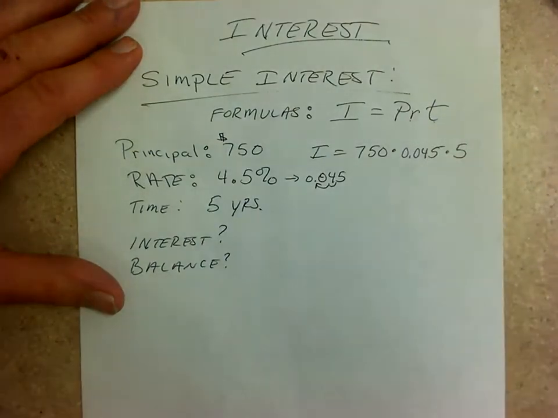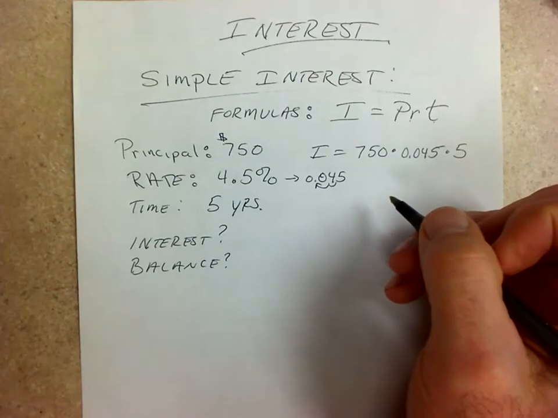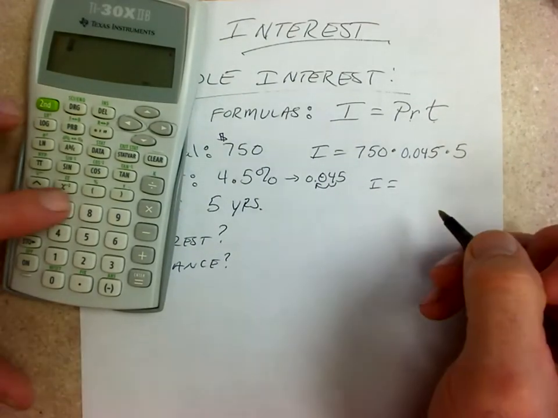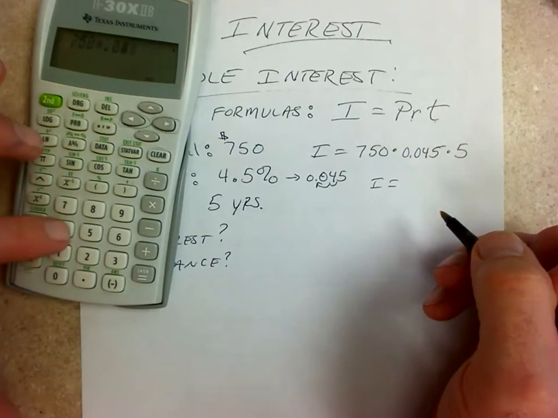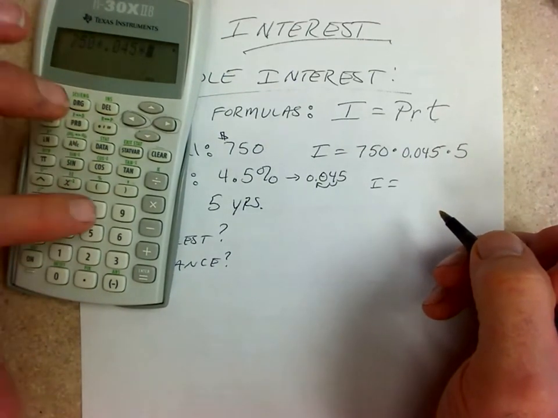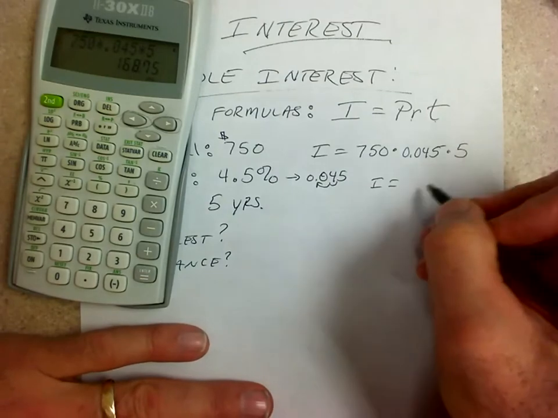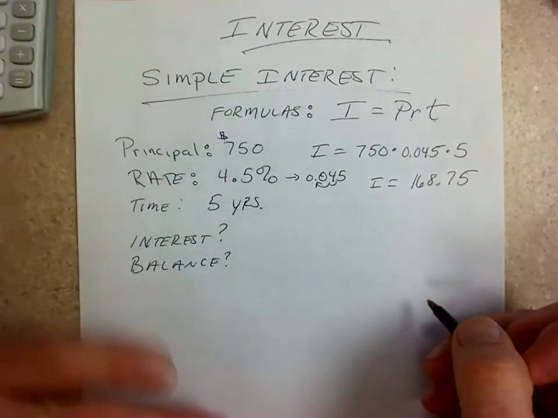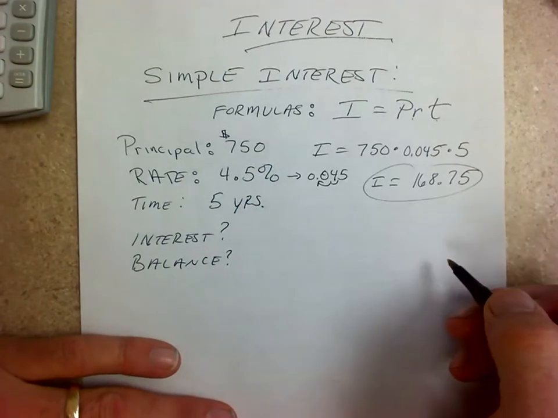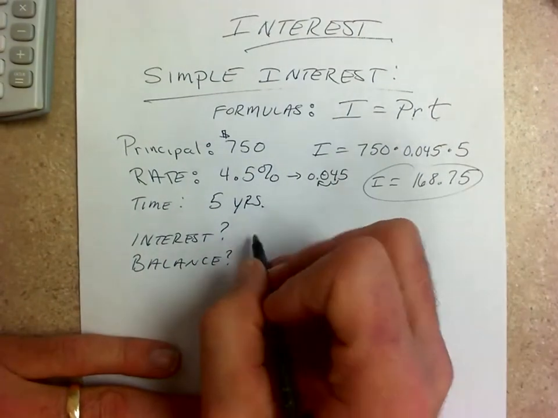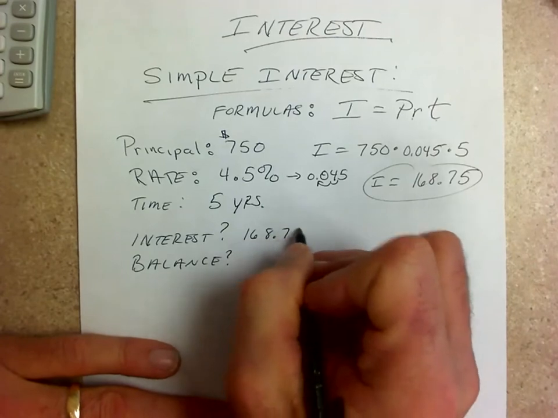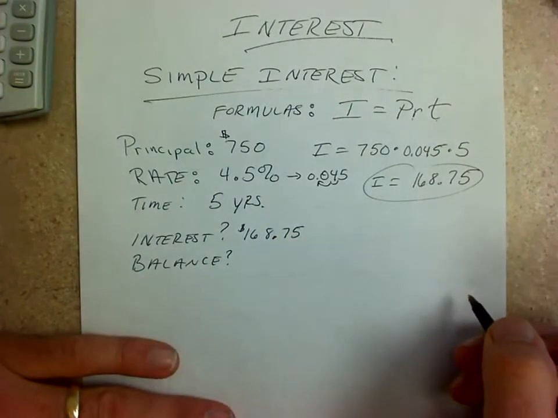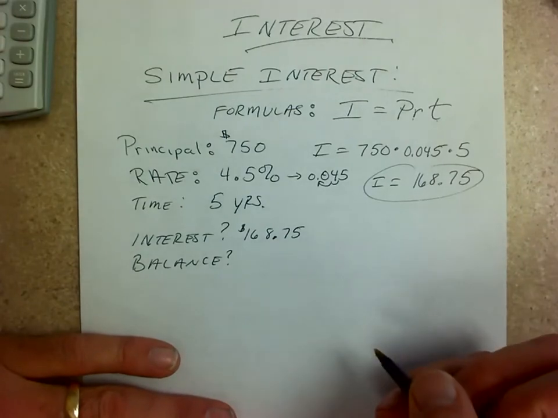So once we calculate that out, 750 times 0.045 times 5 years, we get $168.75. So what did we just calculate? Well, that is our interest. So the bank will pay us $168.75 over 5 years into our account.